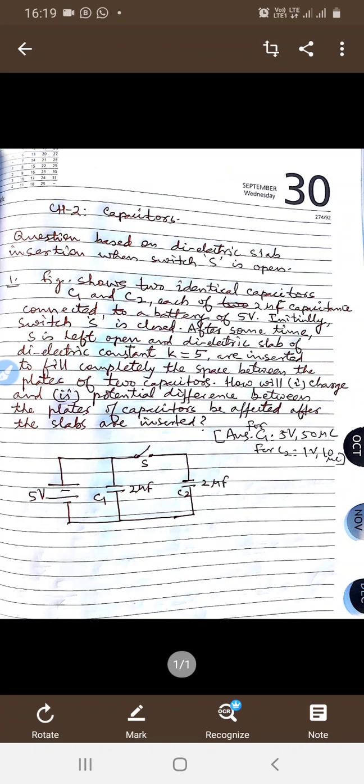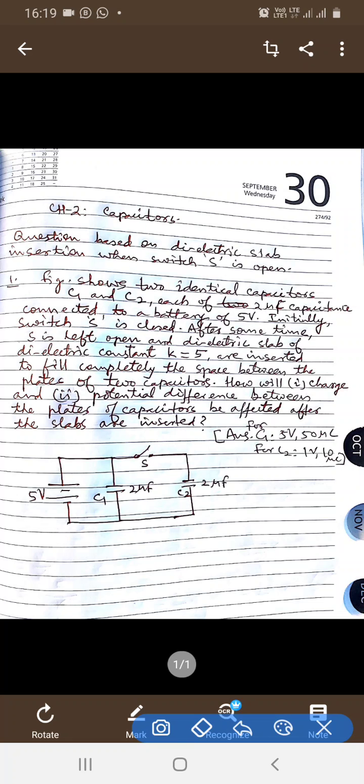when switch S is open, see here, switch S is open and the capacitor C1 remains connected with the battery. So, the potential difference across C1 will not be changed.